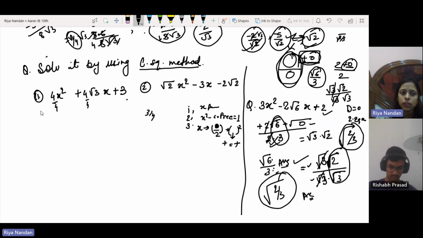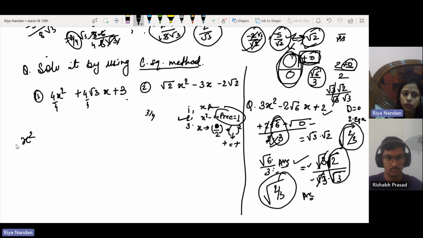See, whenever you get the coefficient, what this step means is that we have to make the coefficient free. It means the coefficient should be 1. So whenever the coefficient of x square is any number, you have to divide by that number, then only it will become 1, right? Suppose this would be a root 2 here.